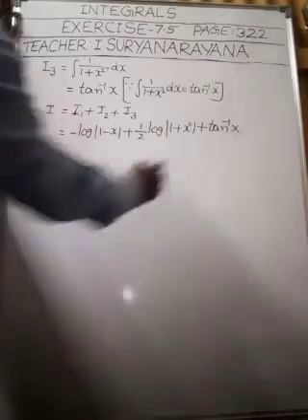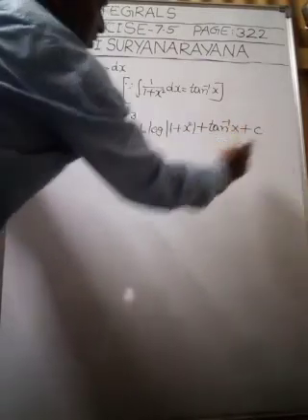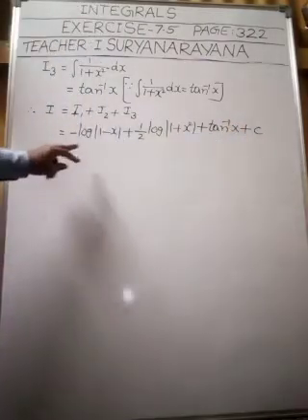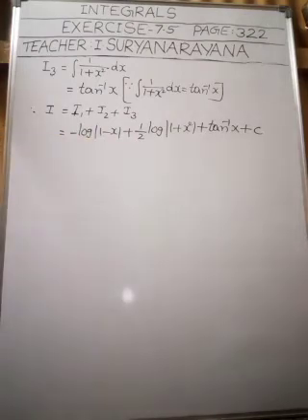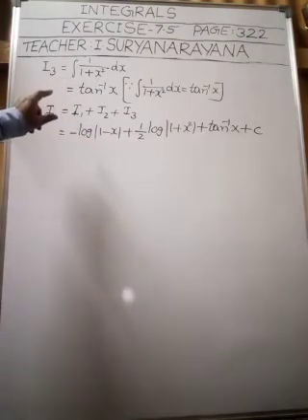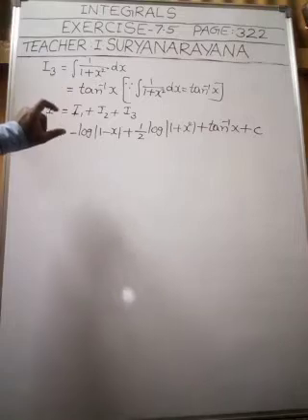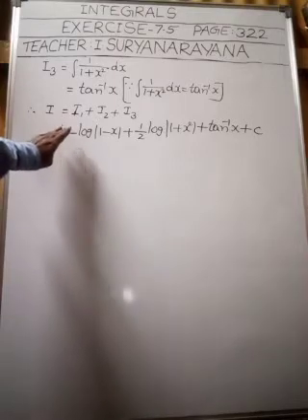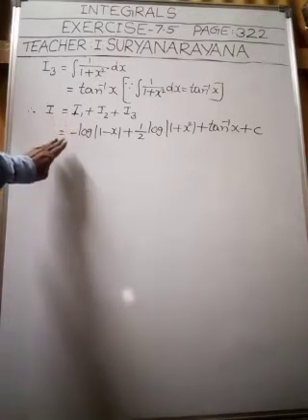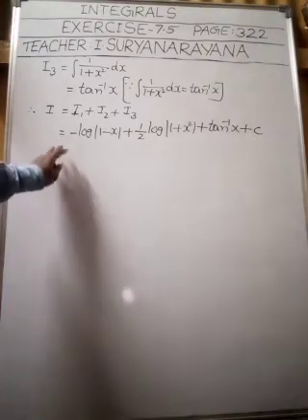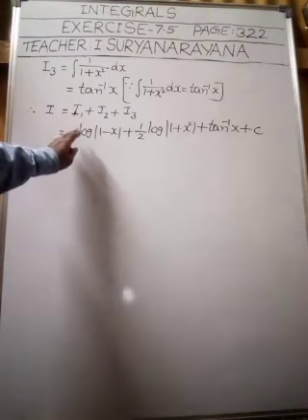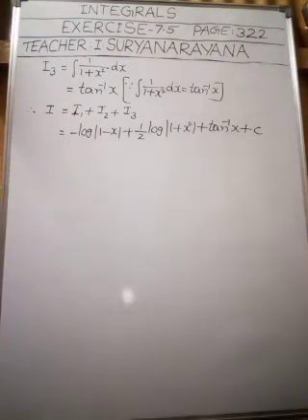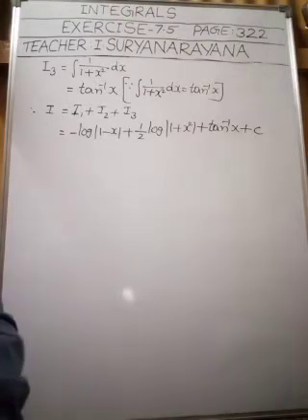At the last step, what should we do? We have to add a constant of integration. Okay, my children, this is the type 3 sum: integrating a rational function when the denominator contains an irreducible quadratic expression. This is the third type. Okay, my children, understood? Right.